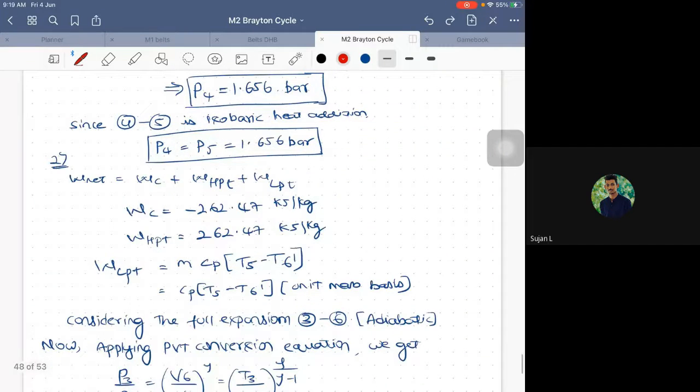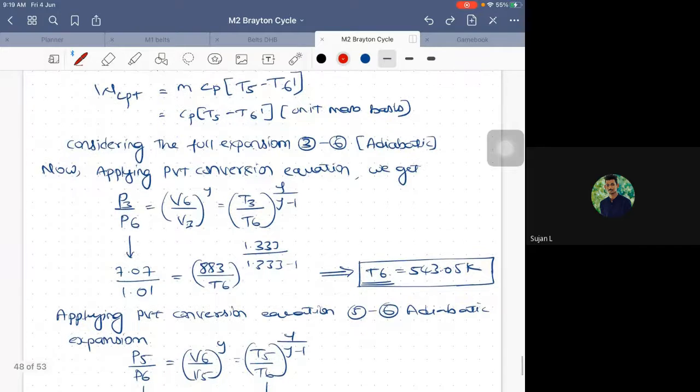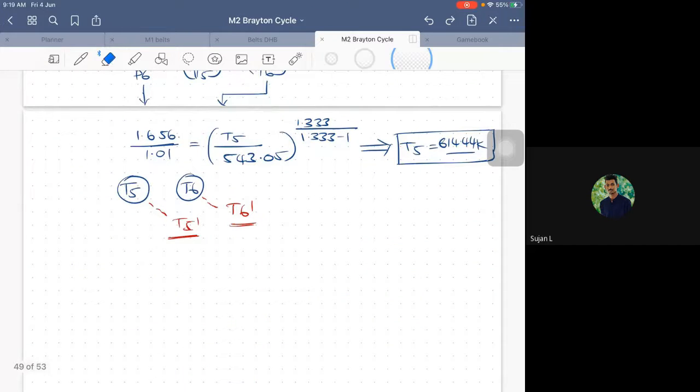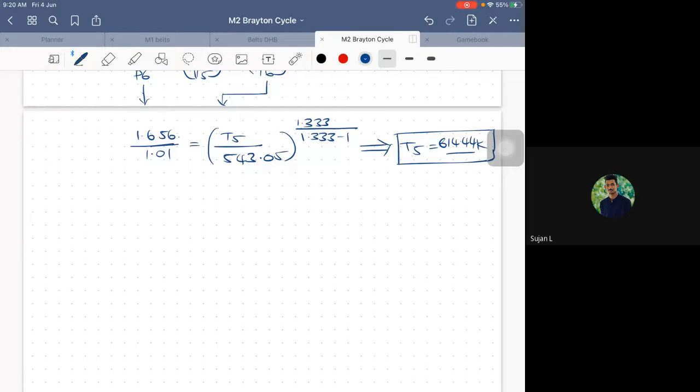So now, calculating T6 dash. How do you calculate T6 dash, guys? Any idea? Now I want to calculate T6 dash. I have the value of T6. I want T6 dash. What should I do? Actual efficiency of turbine is equal to actual work divided by isentropic work.